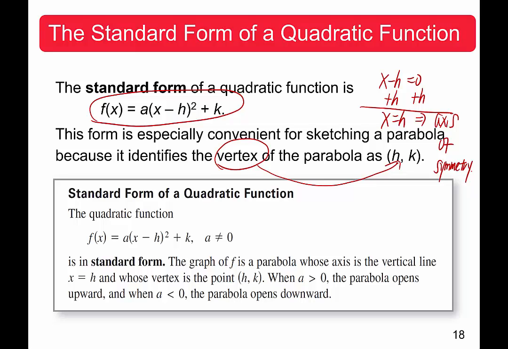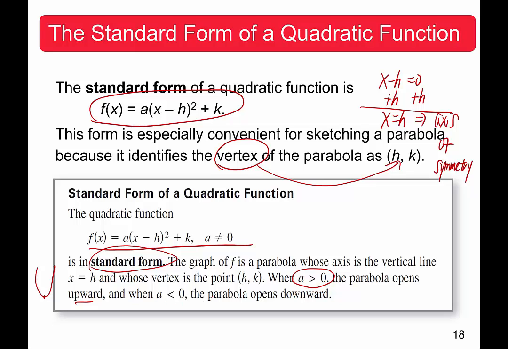All right. So we have a quadratic function f of x equal to a times (x minus h) squared plus k. a cannot be 0, and this is what we call standard form. And when a is greater than 0, then the parabola opens upward. We have a parabola like this. Then the vertex is the same thing as minimum.